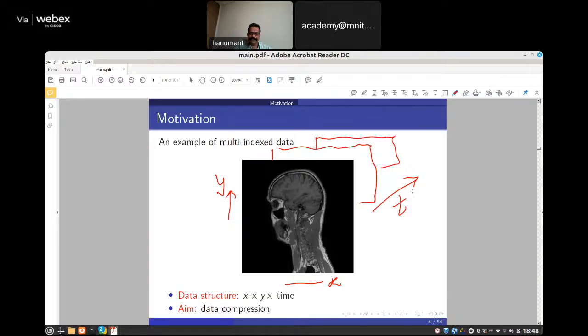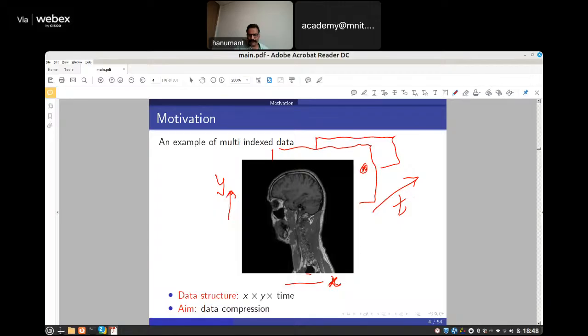Okay, so now to give any index, you need three indices. Basically, in the X direction you can give how much in this direction, how much in the Y direction, and how much in the T direction, and then you can locate any pixel very perfectly. So this is three-dimensional or multi-index data. Why is it multi-index?